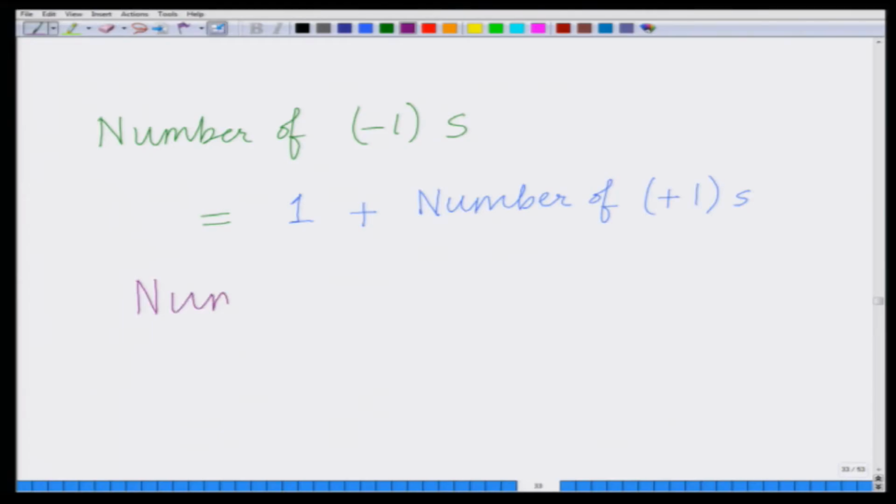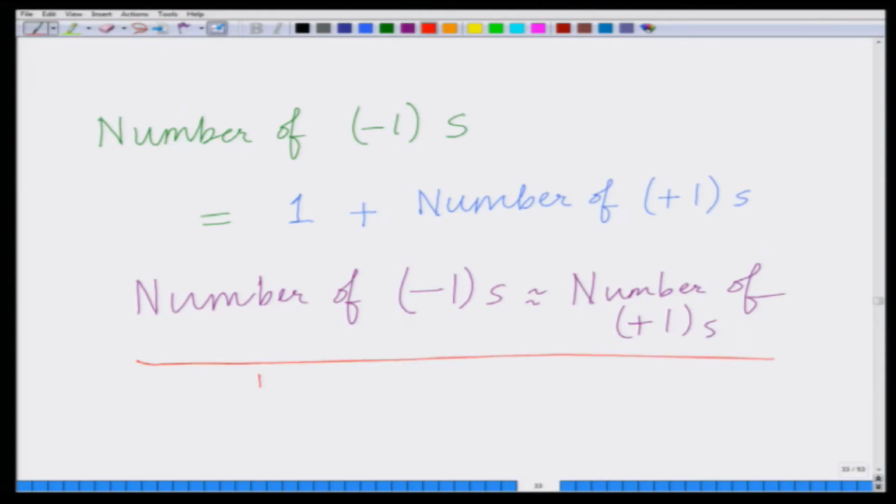So, the number of minus ones is approximately equal to the number of plus ones, and this is known as the balance property.